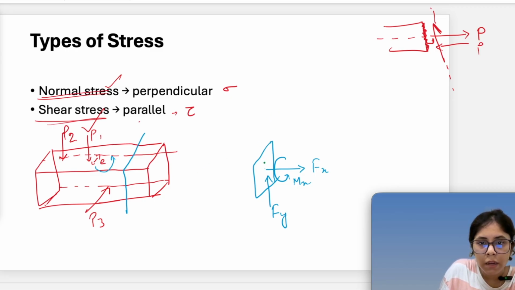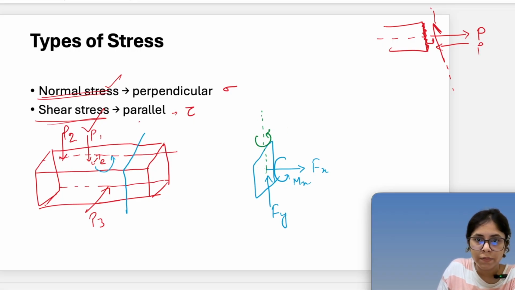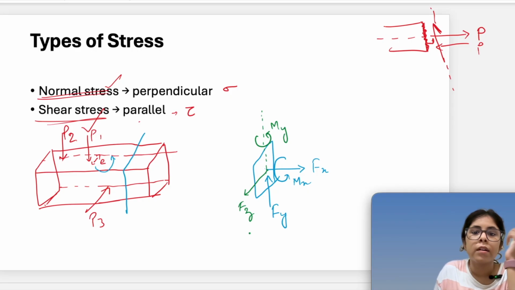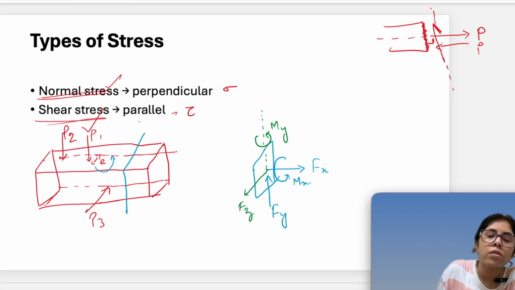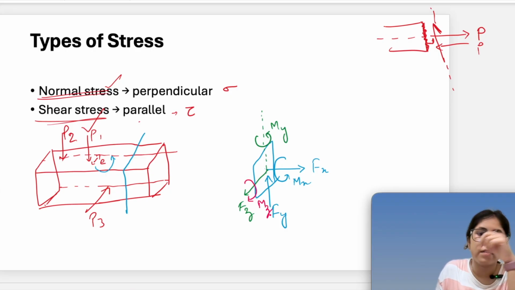In the same way, I can see a moment generated in my. And I can also get a force like this, which is fz. And in the z direction I can also see a moment generated, which is mz.